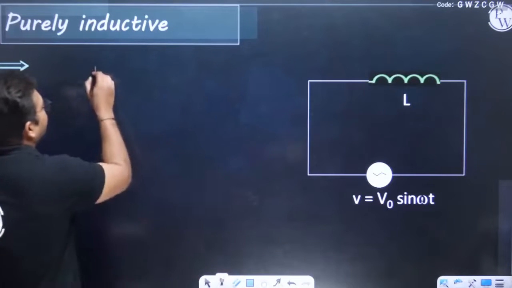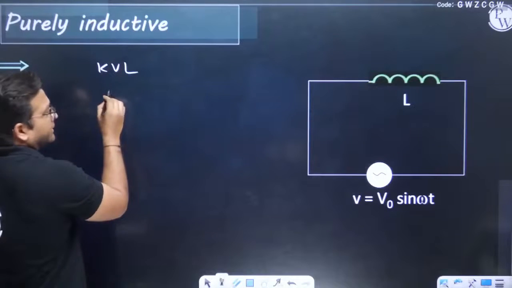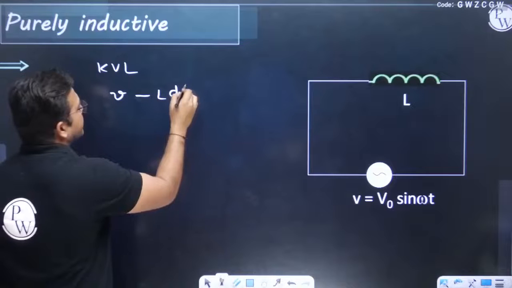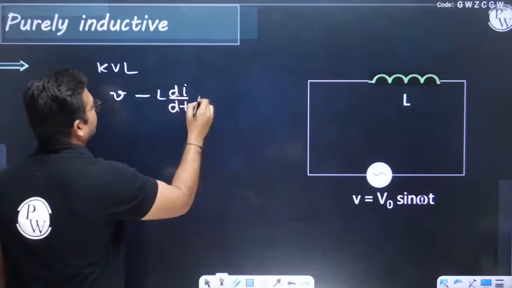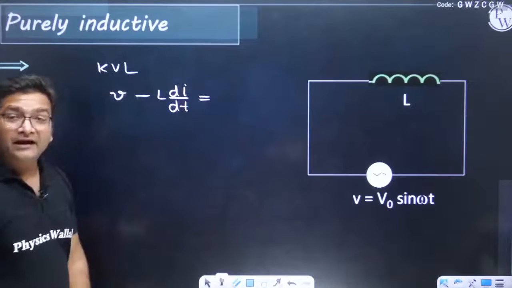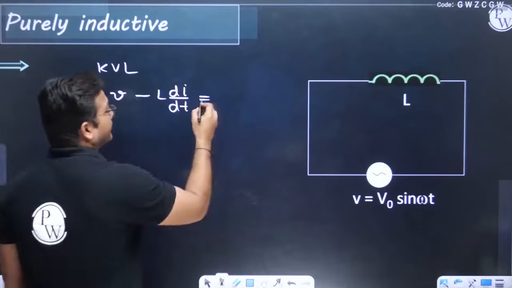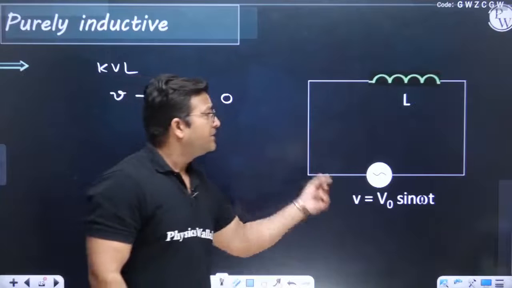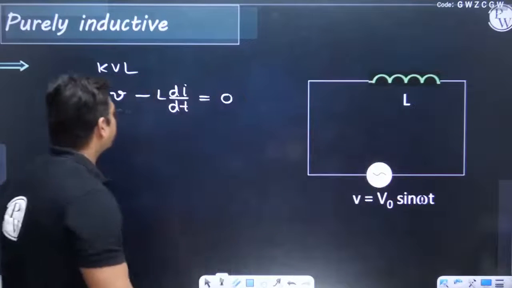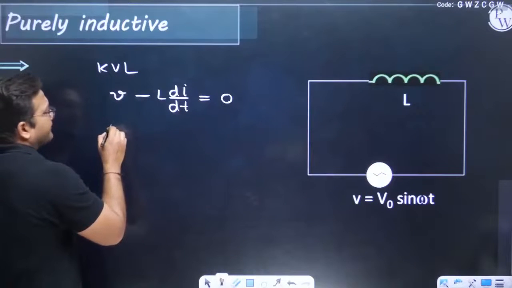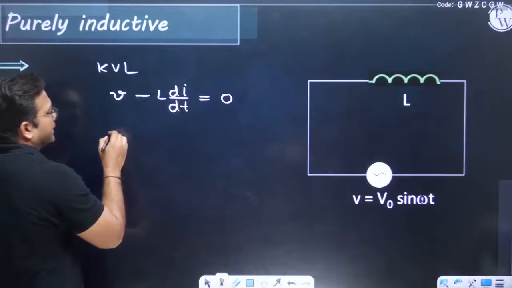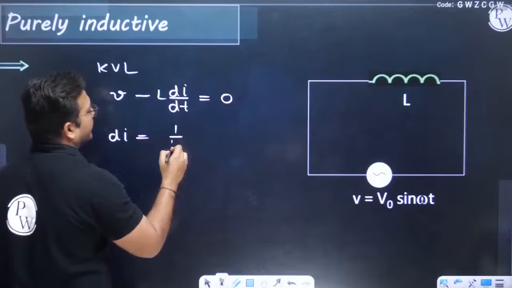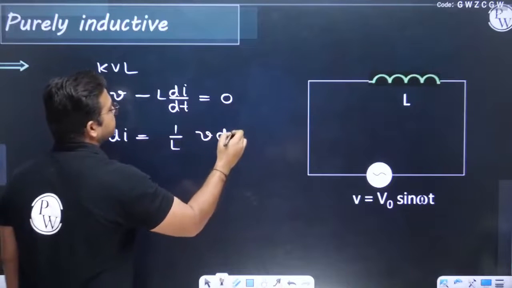And if we write KVL, I think you remember, V minus L di by dt, as we used to do in LR circuits or LC inductor circuits. This is equal to 0 because we have only two elements: V minus L di by dt equals 0. So you can write it here as di is equal to 1 upon L times V dt.